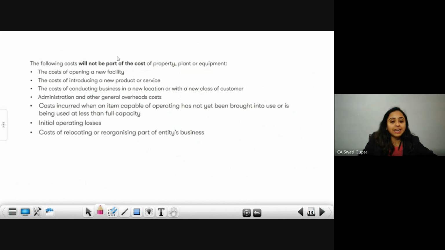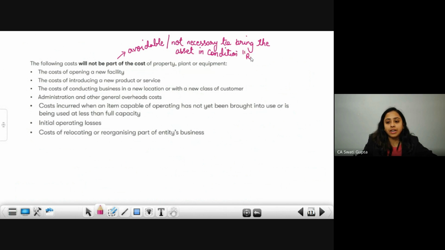The simple idea is that because these are avoidable, or you can say not necessary to bring the asset in condition, okay, of ready for use.